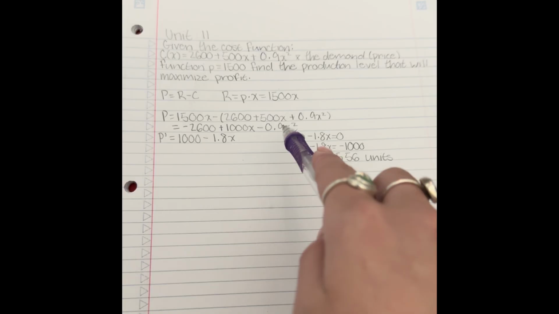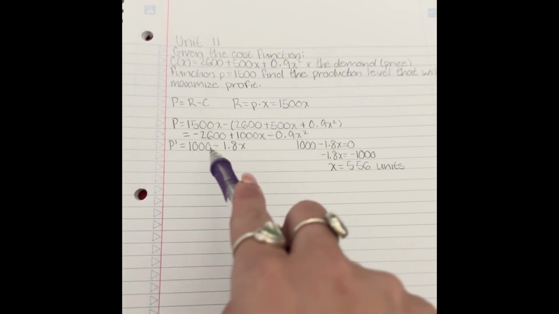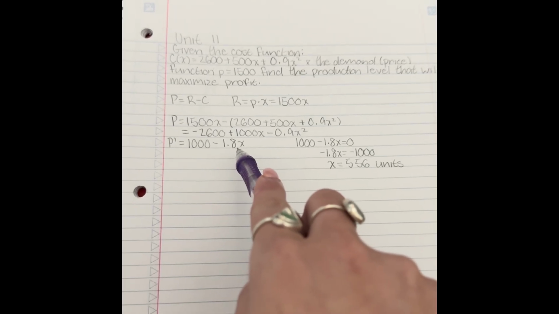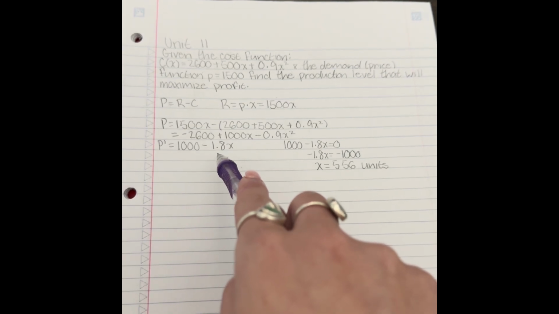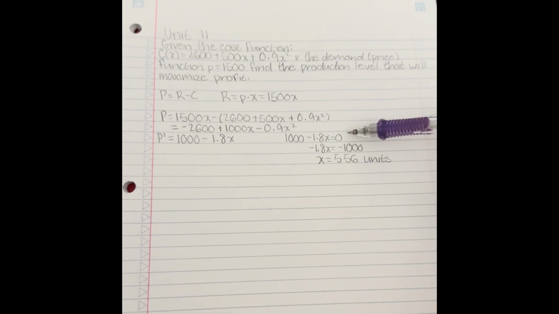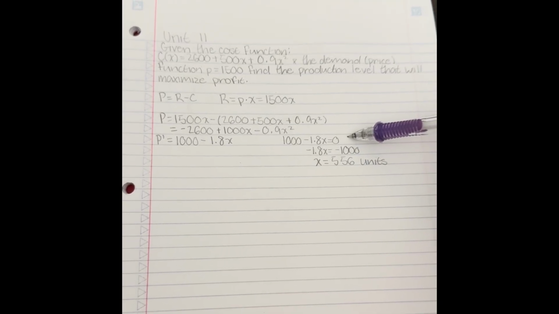And then what you're going to do is take the derivative of that, which will give you 1,000 minus 1.8x. And then to find the max profit, we have to solve for x. So we're going to set that equal to 0, and then subtract 1,000 from both sides.